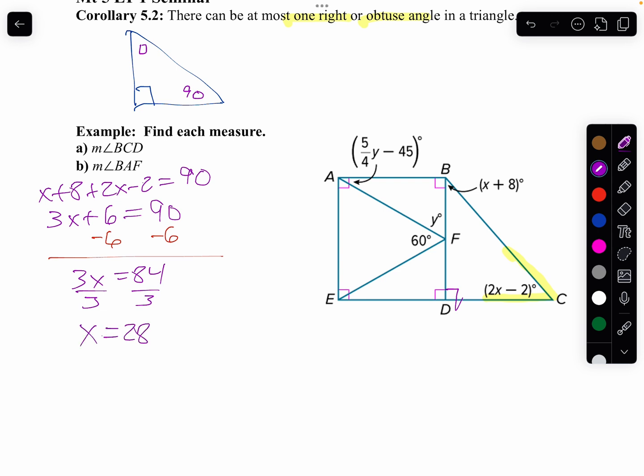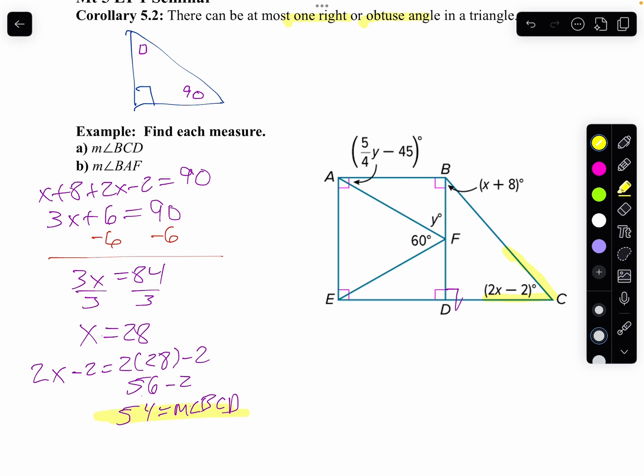And then I want to find the measure of angle BCD, so that's 2x minus 2. So I'll say 2 times 28 minus 2, which is 56 minus 2, which is 54 degrees. That's one of my angles.